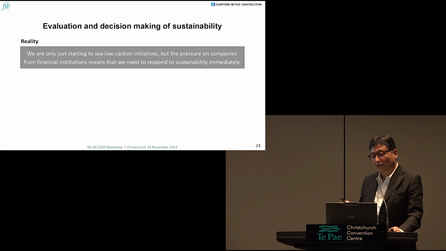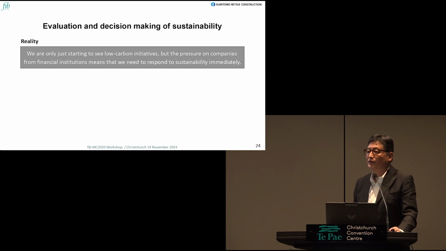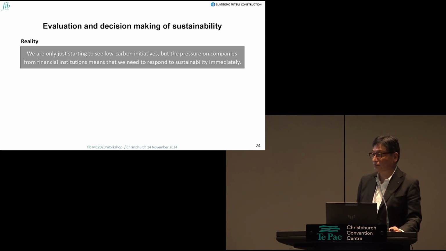So in the near future, we have to disclose Scope 3 data, but the important thing is that construction companies don't know the maintenance process. So if the fib can do that, especially Task Group 10.2, we have to show the standard maintenance scenario at different durability levels: standard level, high level, and super high level. This is important for us to show Scope 3 data to the finance institutions.